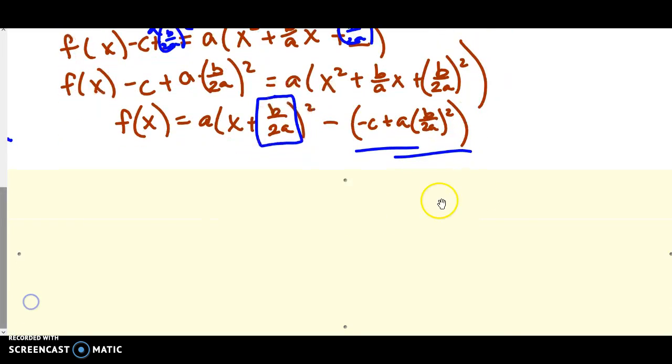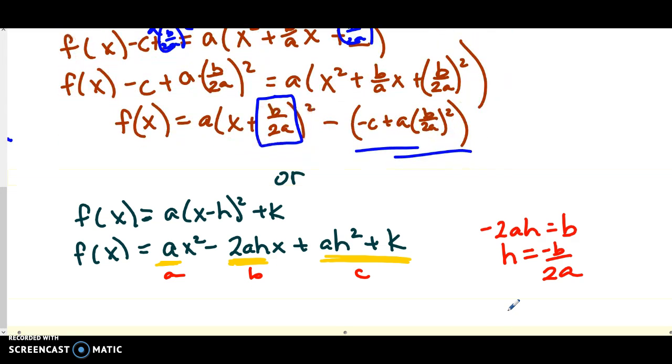A second proof here, just real quick, I could start with this in vertex form, and then if I multiply this all the way out, this is what I would get, right? If I multiply x minus h squared, then distribute the a. So the a would represent my a term, the 2ah would represent b, really the negative, and then this h squared plus k would represent my c term.